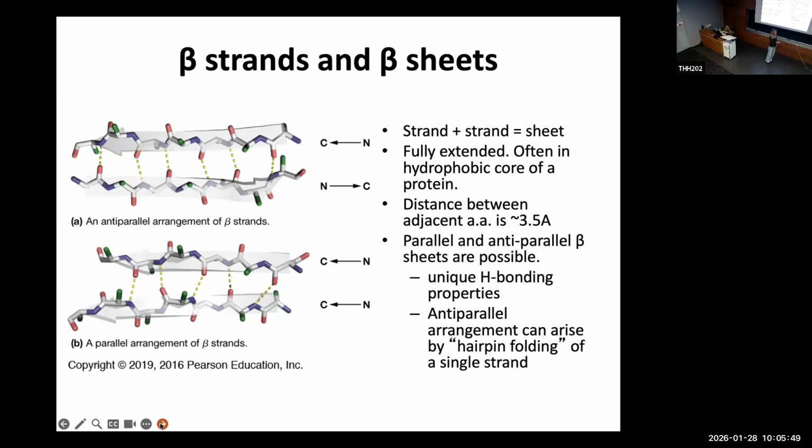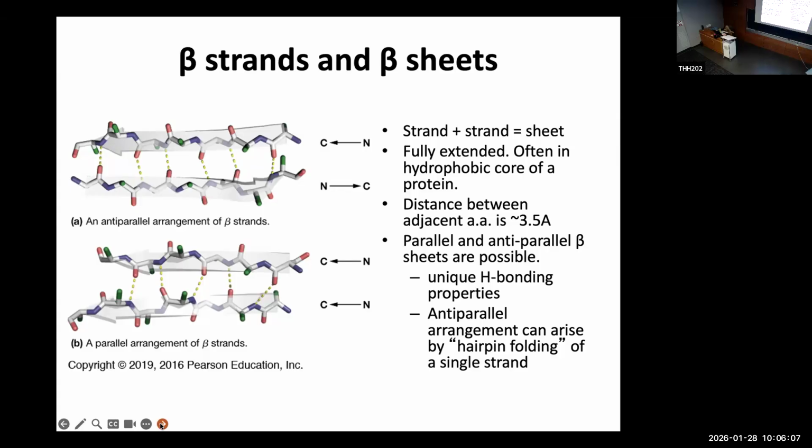And nice hydrogen bonding between all of those atoms. We can also have a structure that is a parallel arrangement of beta strands. In that case, the directionality is the same, N to C. How does this form?